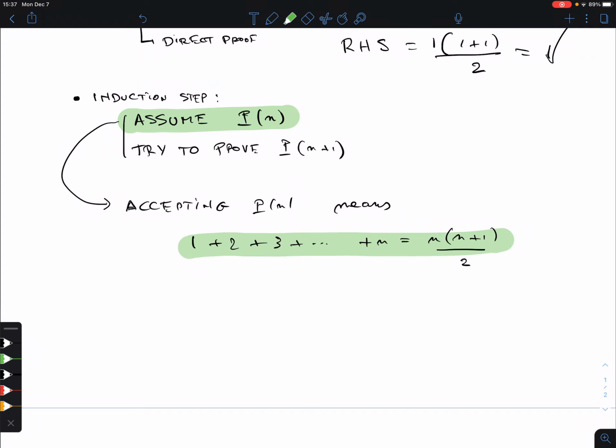What is it that we need to prove? Let me do that in orange. We don't know it yet, so it's not red, it's not wrong, but we don't know it yet. So what does Pn plus 1 say? We need to show what? How do you get the statement Pn plus 1?